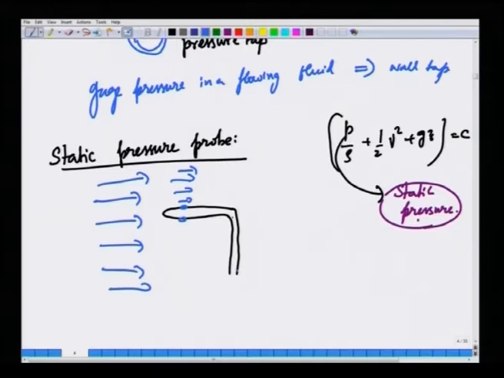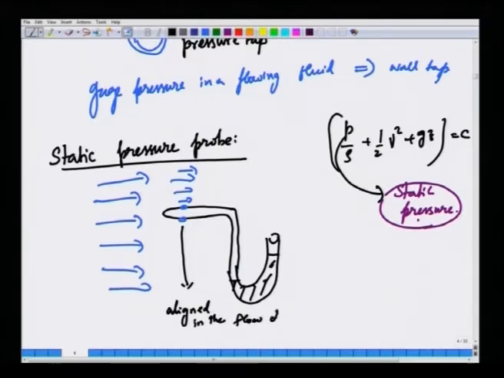If it is connected to a manometer, then you will be able to measure the pressure present inside a flowing fluid, which is also called the static pressure. The key thing is to align this in the flow direction. This must be aligned in the flow direction.